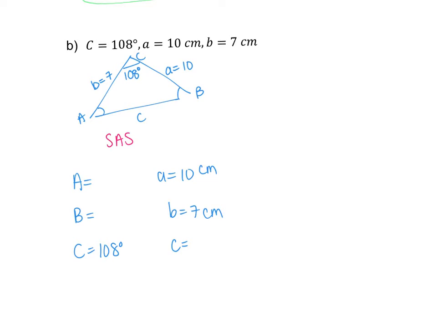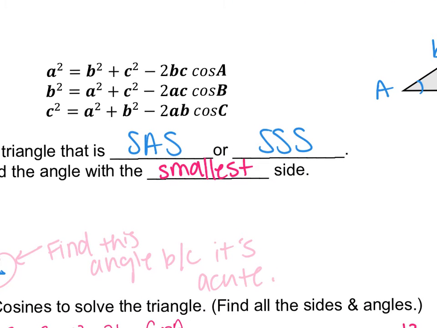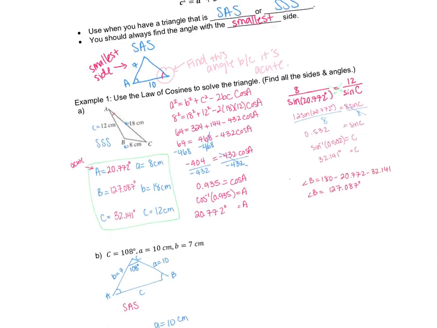So to find C, if we look back at our law of cosines, little c has its own equation. It says you can find c if you have a, b, and the angle C. So I'm going to take this formula and paste it to our problem.